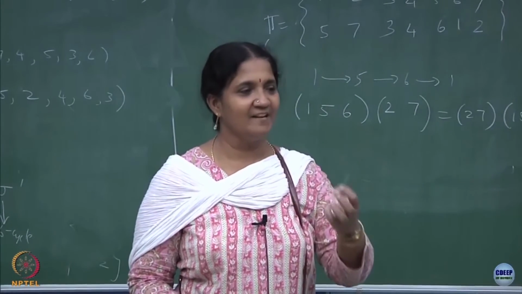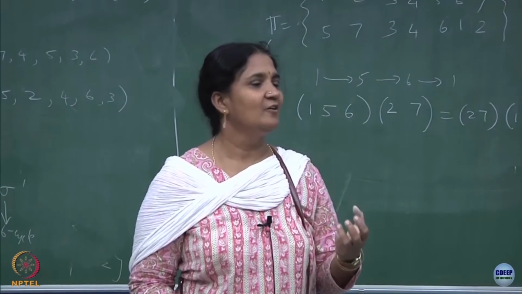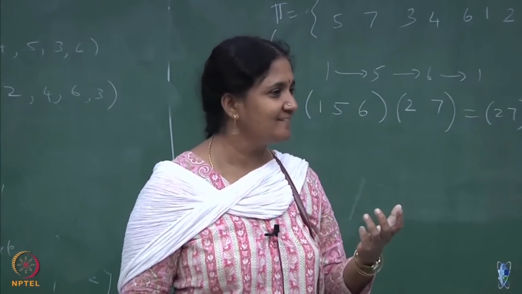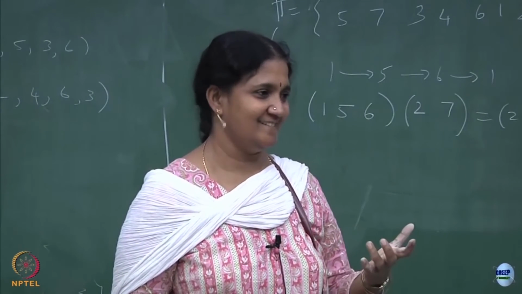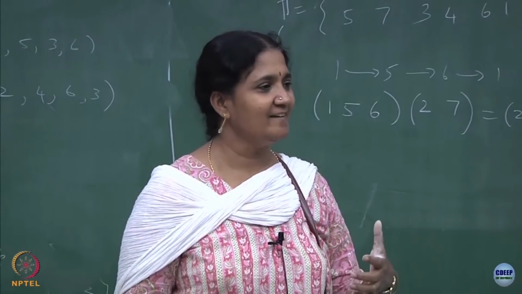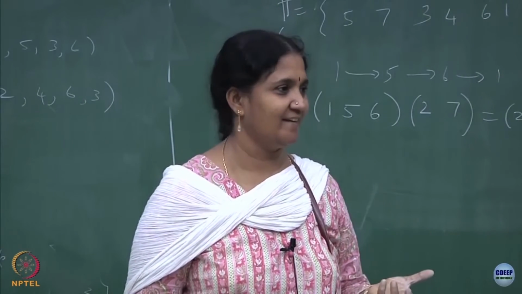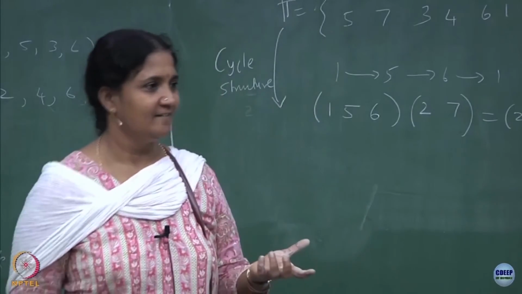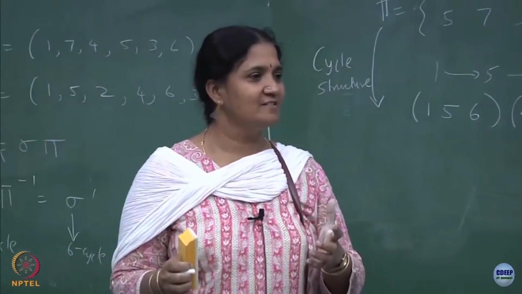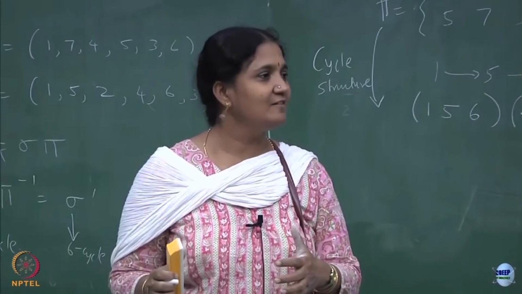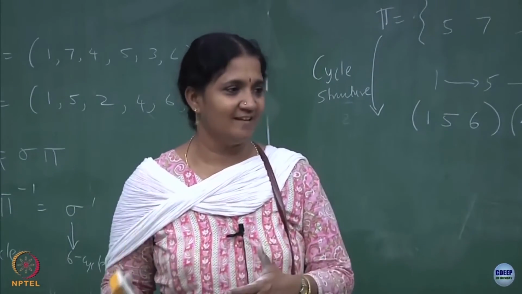In the 3 object case, you had a 2 cycle structure, you had a 3 cycle structure, right. So, a 3 cycle cannot be conjugate to a 2 cycle, clear. If you have a 2 cycle structure, by conjugation it will go only to a 2 cycle structure, cannot go to a 3 cycle structure.